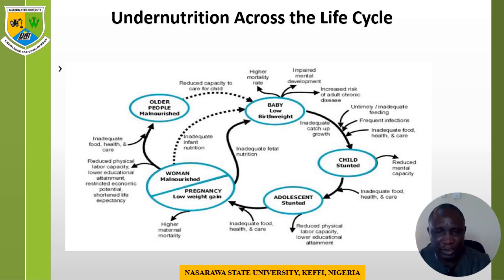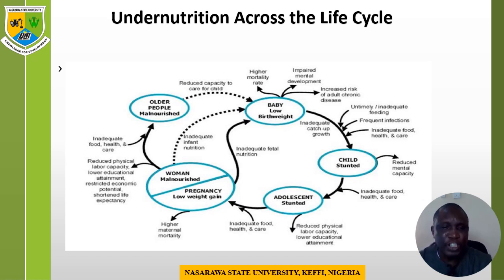Those are the consequences. And if this stunted adolescent is not taken care of, is not given the right food and the right medical care, and is a female, she becomes pregnant and gives birth to a low birth weight baby, and the cycle continues.